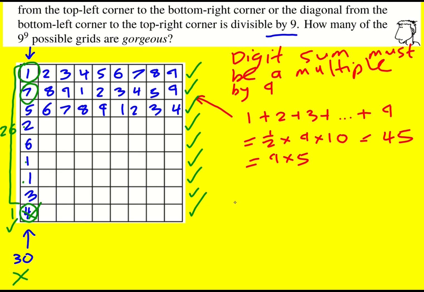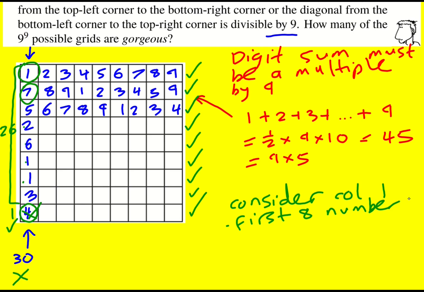So basically consider column 1, first 8 numbers will sum to some multiple of 9 plus a remainder.